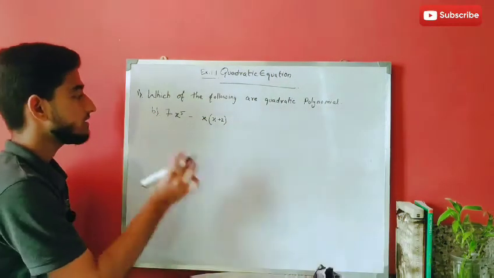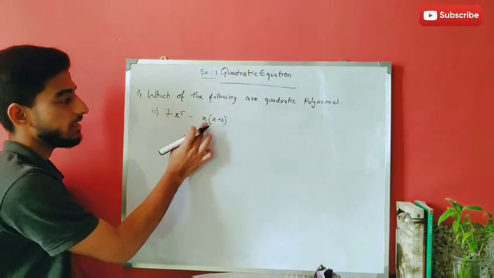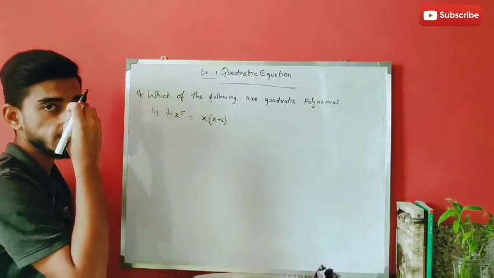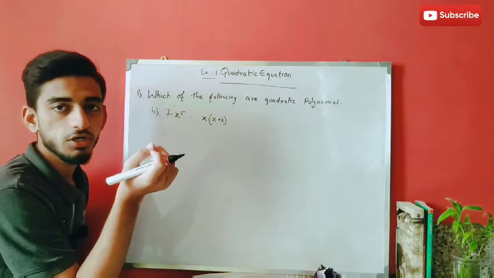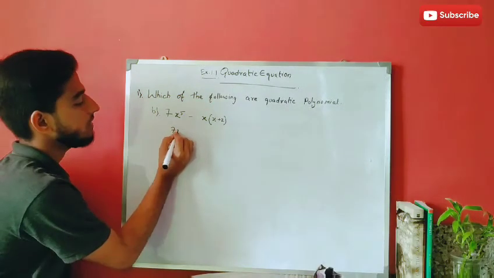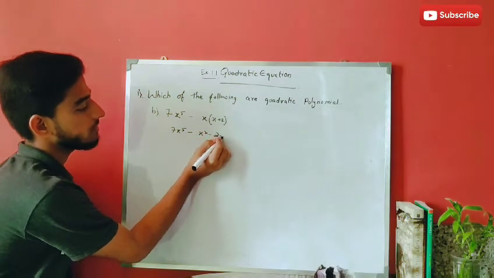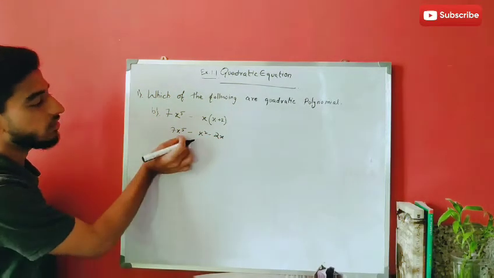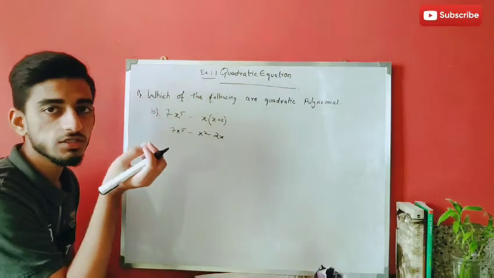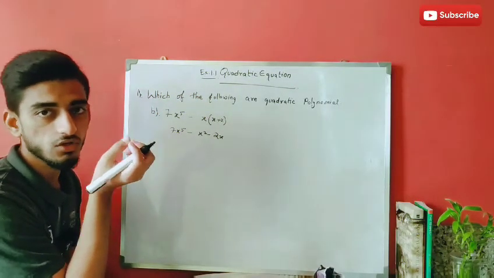Second question is 7x to the power 5 minus x into x plus 2. We have to check if this is a quadratic polynomial or not. So 7x to the power 5 minus x square minus 2x. We can see that the highest order is 5. So the highest order is not equal to 2, so it is not a quadratic equation.